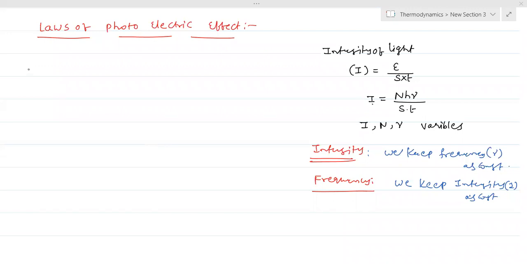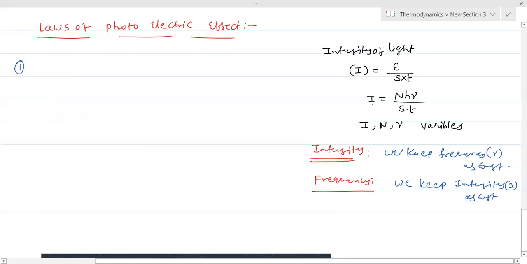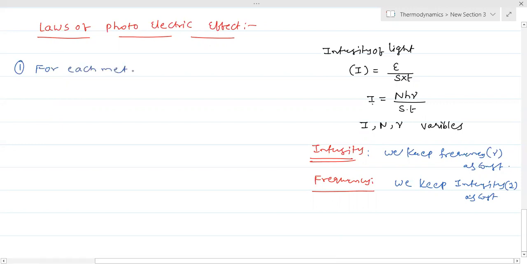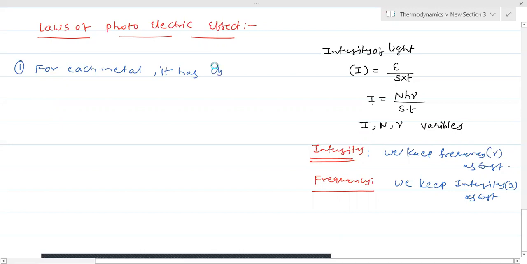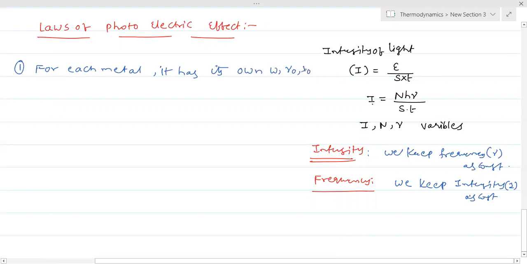So first one I am taking, each metal has its own work function, threshold frequency and wavelength.